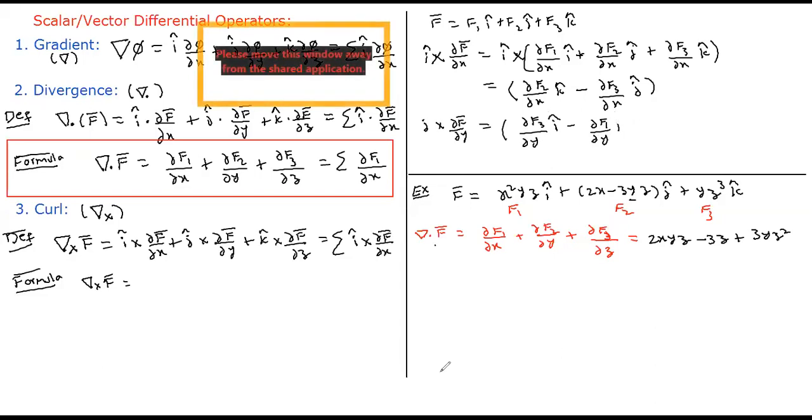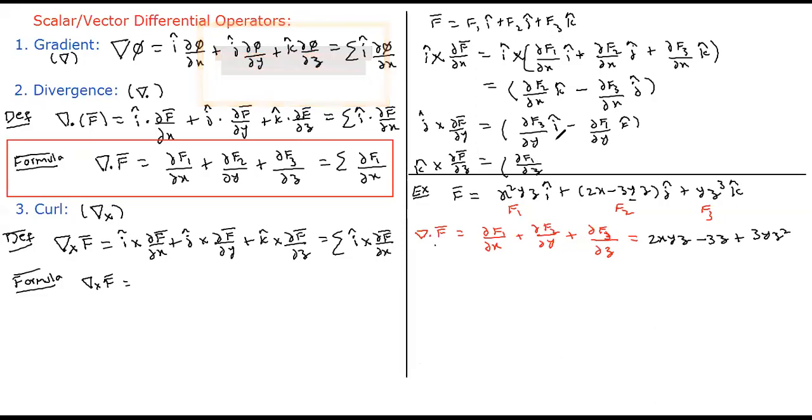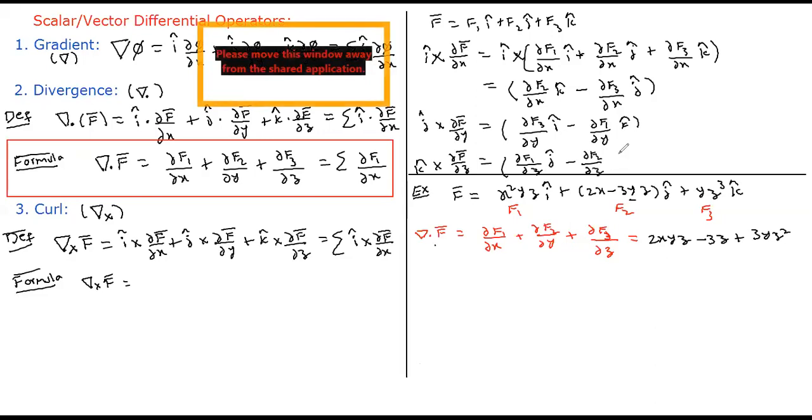After j you will get k. What will be k bar cross dou f bar by dou z in a cyclic manner? Dou f1 by dou z into j bar minus dou f2 by dou z into i bar.